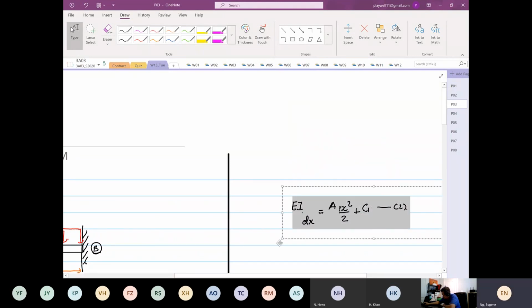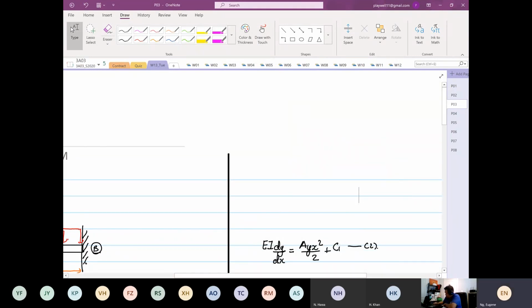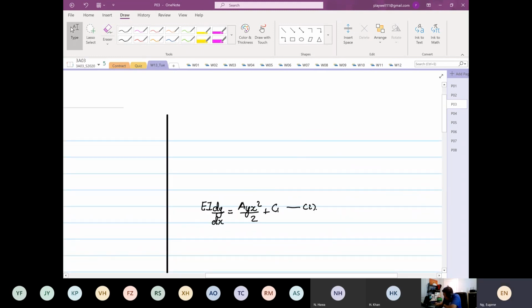This term over here, we're going to integrate: EI y is equal to AY x cubed over 6 plus C1 x plus C2. So this is your equation number 3.